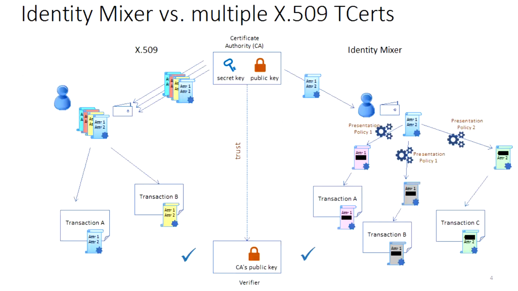But later with X509, to have unlinkable transaction signing functionality, you would need to use fresh X509 certificates every time. That was the effort with T-certs, the transaction certificates, but it was cumbersome and had an overhead. So the Identity Mixer technology is tailored for that use case.